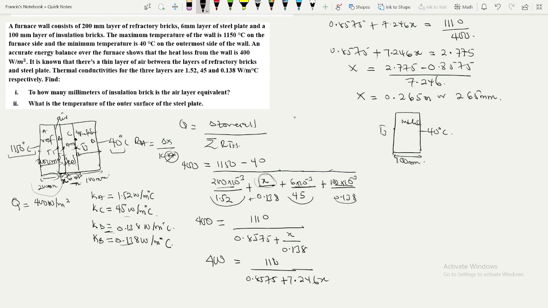Now we know that the heat transfer from this portion to this portion will still be the 400 watts per meter square, and this is by conduction.